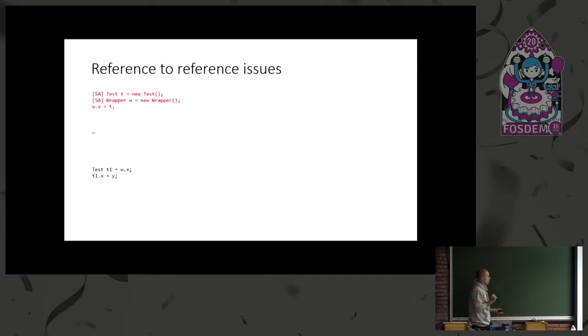Now, the reason why we can't do stack allocation to stack allocation is exactly this case. Let's take this example where we have 2 objects pointing to each other. Now we get to the bottom part, we load the original test object from the wrapper, we do t.x, everything's good, we remove the write barrier. Now what if there was other code in between like this? And this actually gave us a heap object.